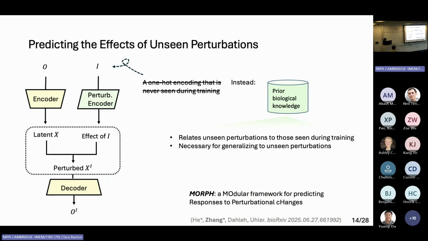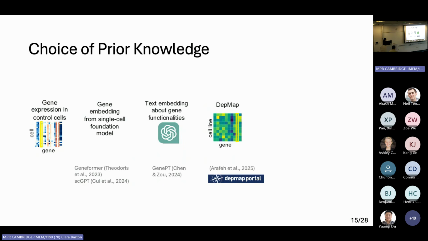So just a few more words about what I mean by prior biological knowledge. Here are 4 examples you can use. The first one: you have control cells already in your training data, which are cells with no perturbation applied to them, and you have measured all the individual genes across those control cells.